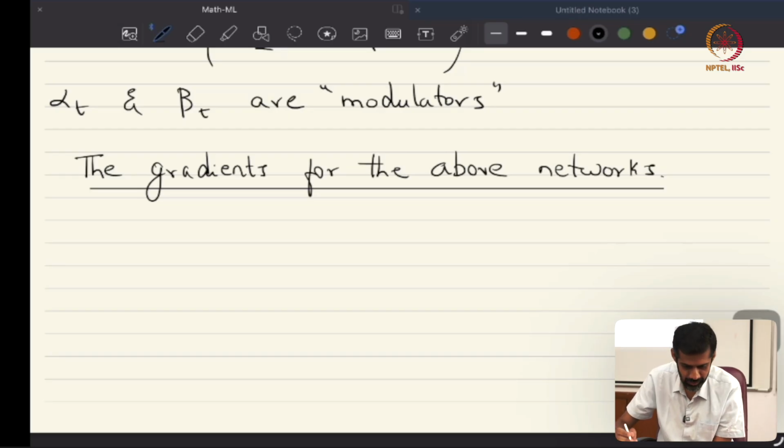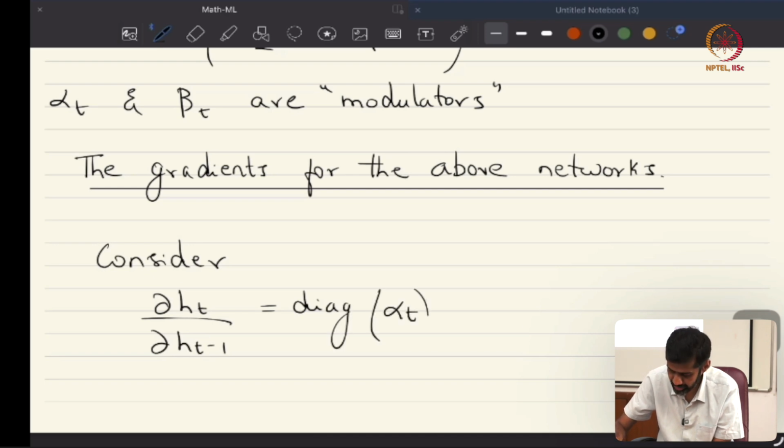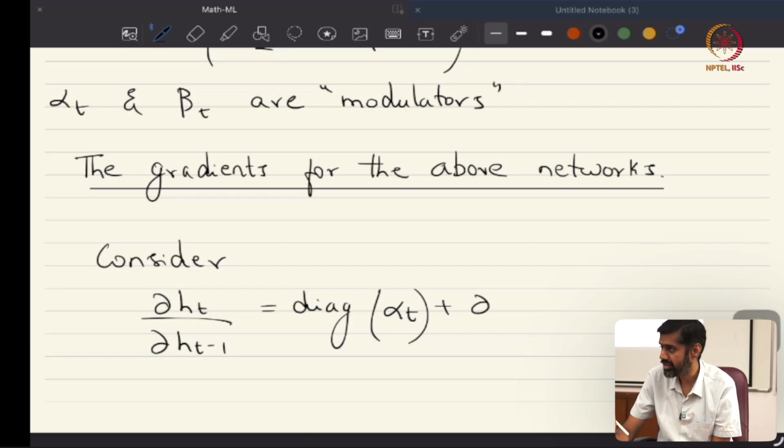Okay, so let's consider this derivative. So h_t is considered, and this will now be the diagonal of vector alpha_t. You understand what diag means, right? It's a diagonal matrix with this alpha_t as its diagonal.